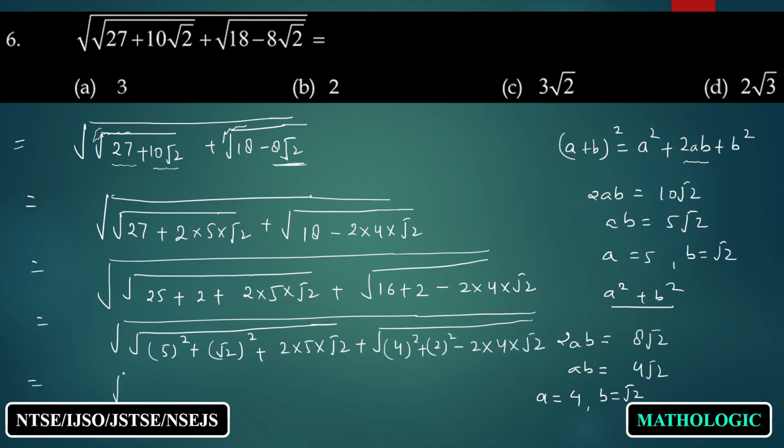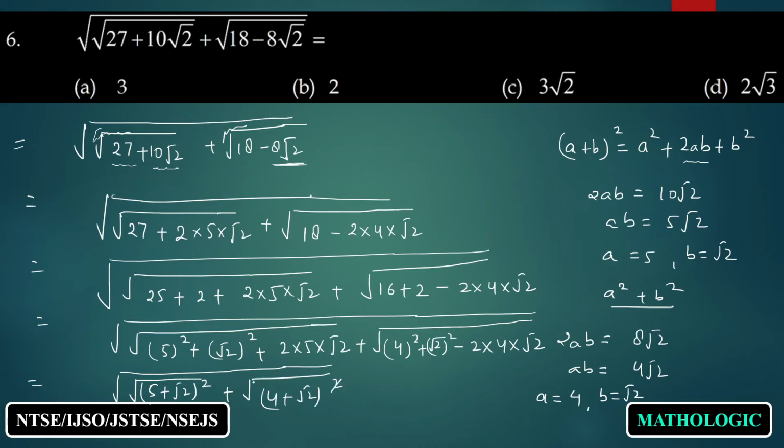In next step they will become perfect squares: square root of (5 plus root 2) whole square, plus square root of (4 minus root 2) whole square.